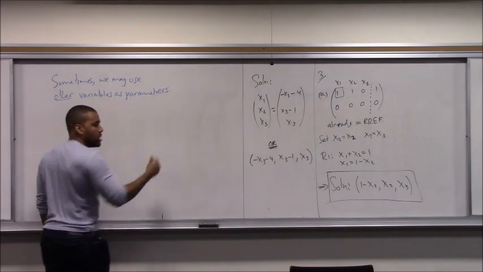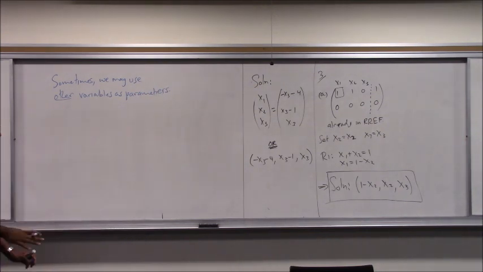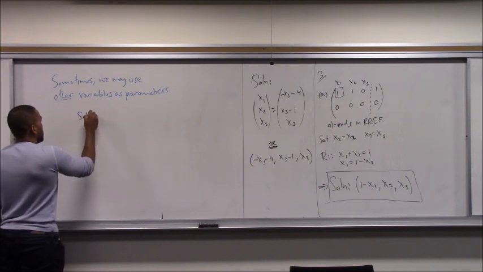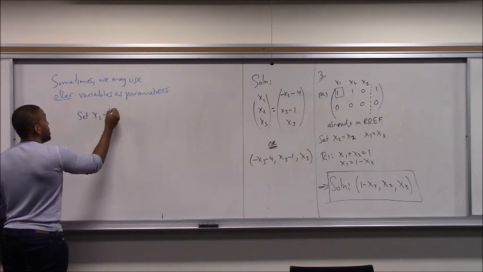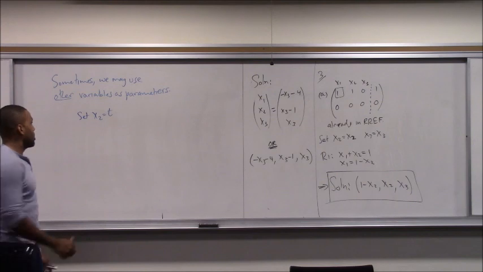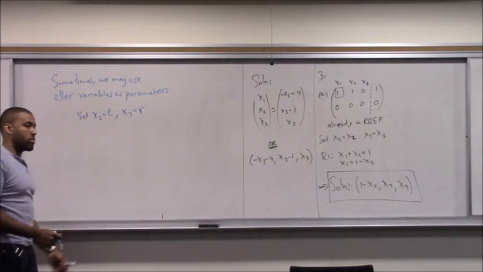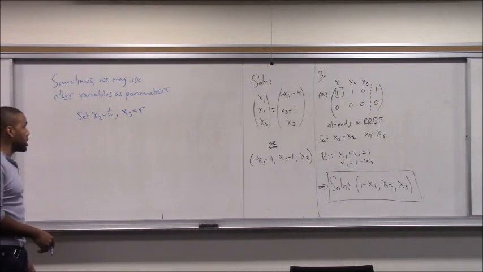If that happens, don't let it confuse you. For example, they could say set x2 equals t, so they came up with the letter t, and set x3 equals r. For whatever reason, they picked these 2 letters to represent these.